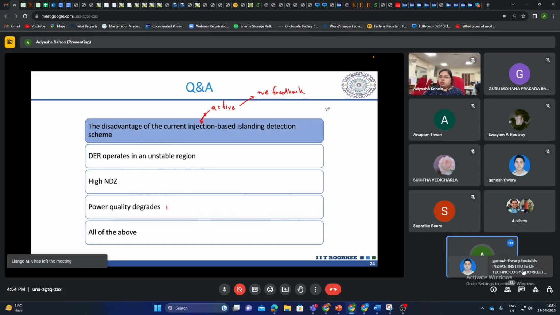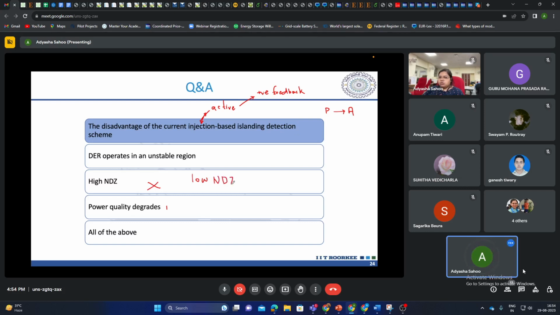Basically, we moved from passive to active because passive had a higher non-detection zone. So this will obviously not be the answer, because in active mode we are moving to a lower non-detection zone. So we can discard this option.